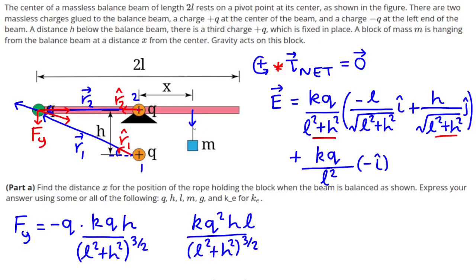The force due to this mass on the beam is the mass by the gravitational acceleration, and this produces a clockwise torque about the pivot. So we have minus mg by the moment arm x, and that's equal to 0.